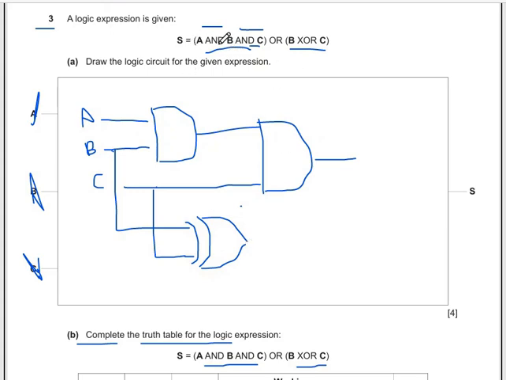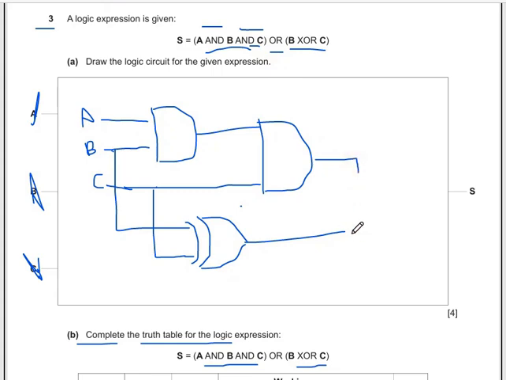Now you can see A and B, A and C. Here A and B, I used one gate and produced an output, and I added another third input, which was C, and I joined the output of the previous two inputs with the AND gate as well. Now I am going to add another expression, which is B XOR C. So I take another input, which is B, drag it over the input, which is C, and join it with the XOR, and then it is going to be joined with an OR.